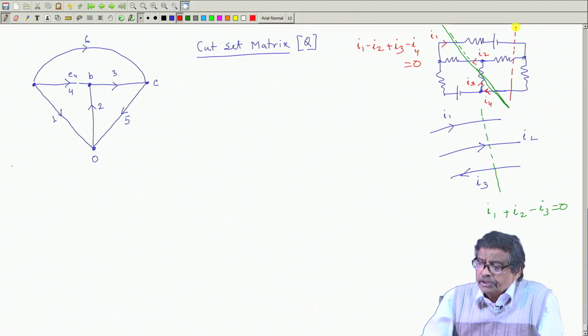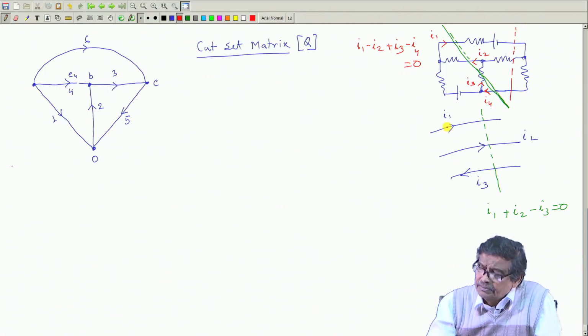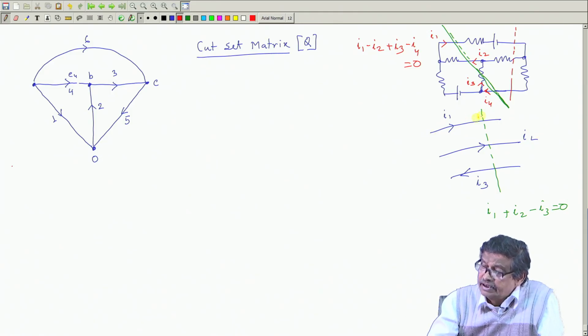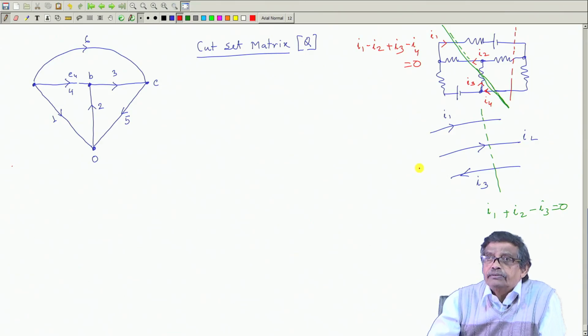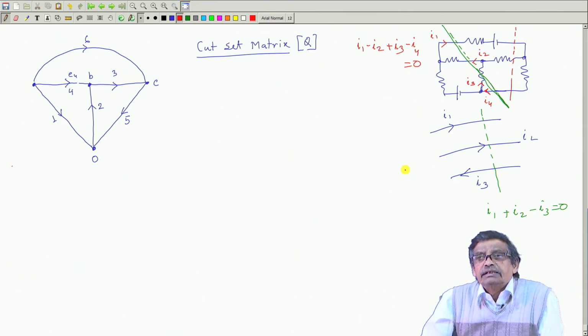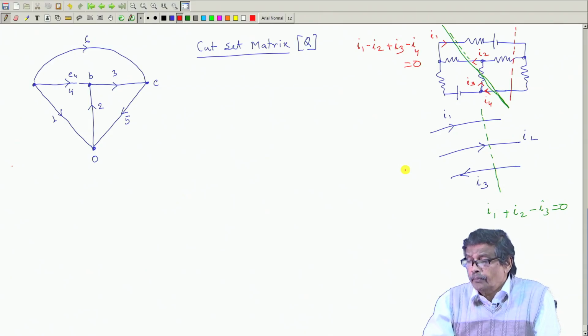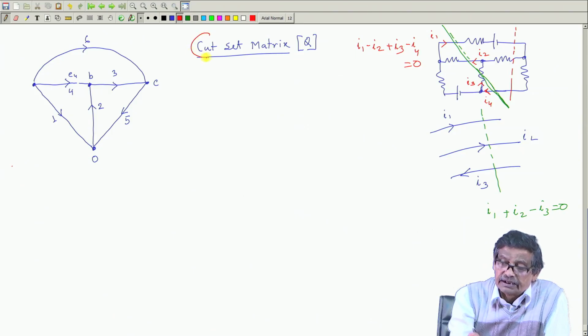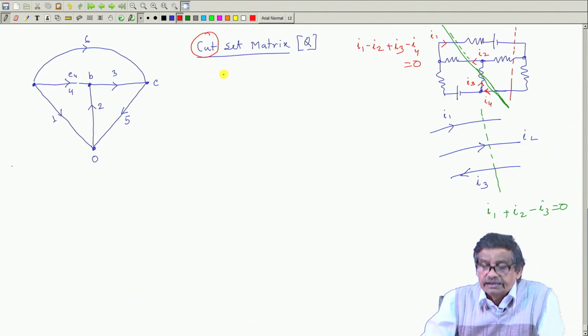It is expected to be, because any current that goes in from left to right or from this side to that side, the same amount of current must cross the other way round. Okay? Otherwise, there will be accumulation of charges and so on. So, this is the basic idea of writing the Cutset matrix equation.